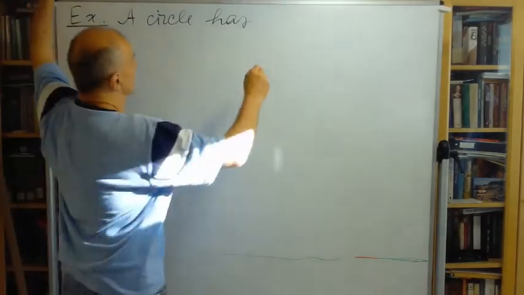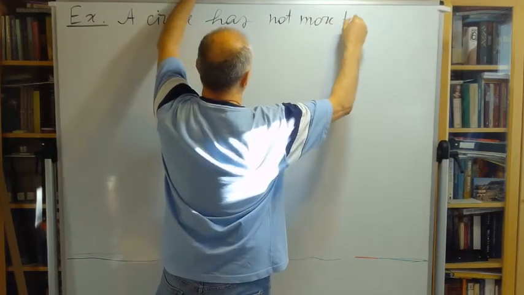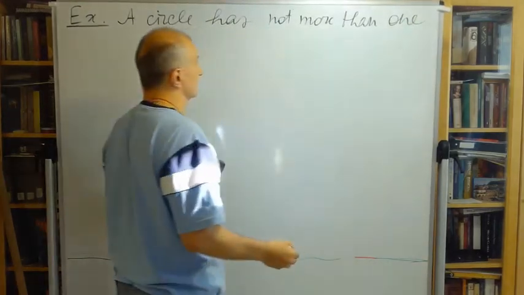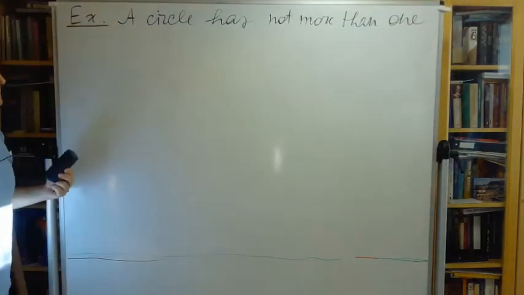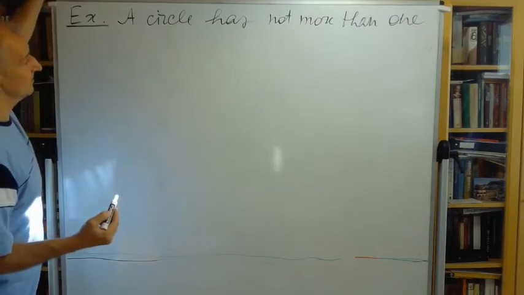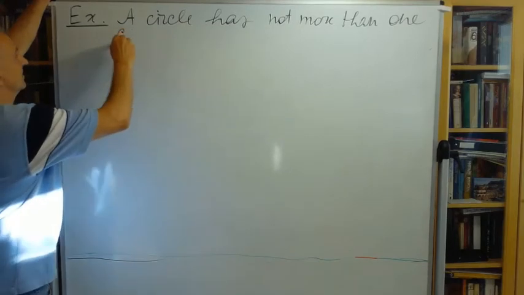A circle has not more than one. You can say a circle has exactly one center, but we already know it has one center. Does it have more? That's a question. So let's be very precise. A circle has not more than one center.